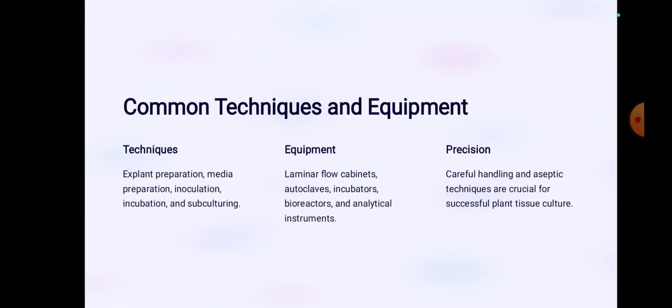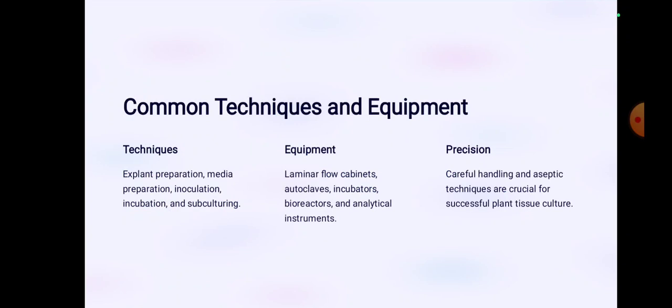Now, common techniques and equipment. These are the techniques used in plant tissue culture: explant preparation. An explant is any part of a plant taken out and grown in a test tube under sterilized condition in special nutrient media. Then media preparation, inoculation, incubation, and subculturing.